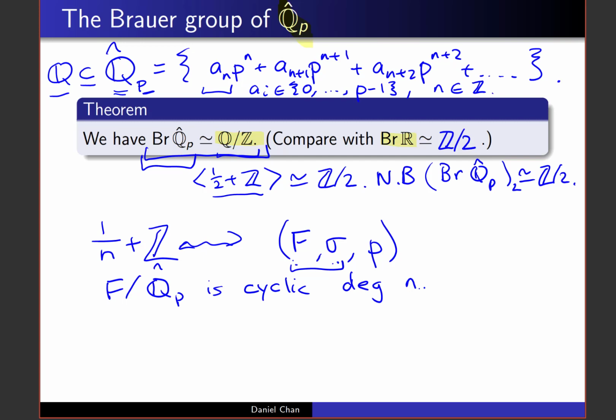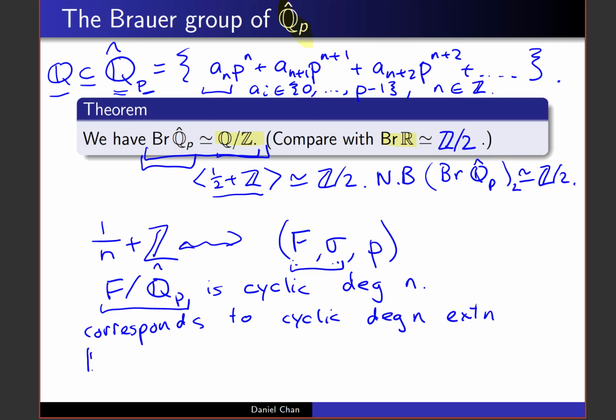So what's the point of that? Which extension is this? Well, it basically corresponds to a cyclic degree n extension. Let's call it bold F over F p of degree n, and sigma corresponds to Frobenius.